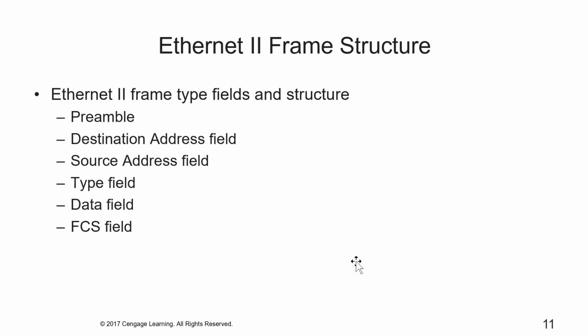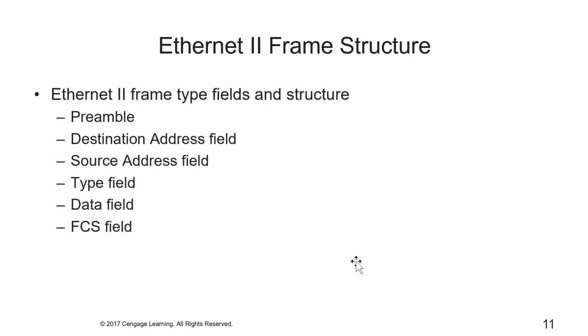So in the Ethernet 2 frame structure, we look at the fields. First is the preamble, followed by the destination address field, the source address field, the type field, the data field, and the FCS field. In Windows 2000 and above, the systems are typically configured to auto-detect the Ethernet frame type on the network.